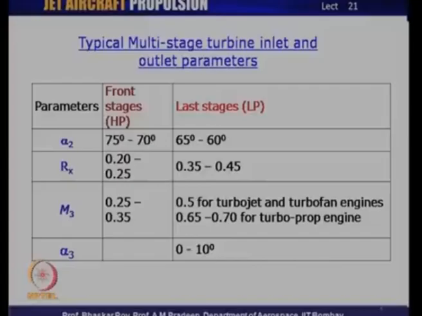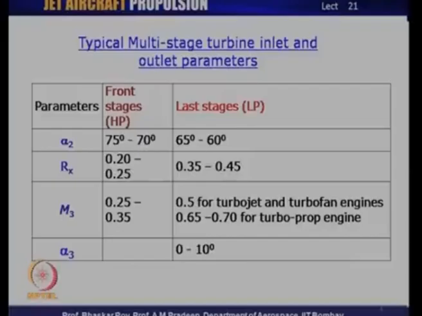That means more reaction is obtained from the LP stages, whereas in the HP stages, the reaction force that is obtained through the reaction mechanism in the rotor is somewhat on the lower side. And one of the reasons is that in the HP stages, the flow is already of very high energy, and as a result, the work being performed through the impulse force is already of a very high order.